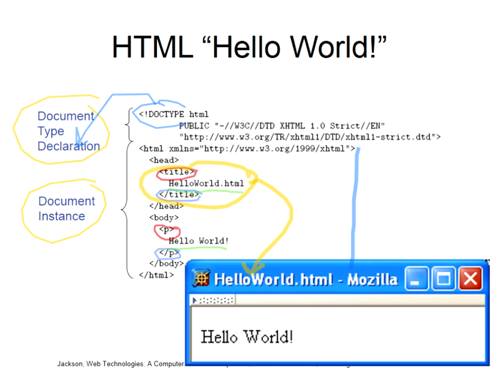And this part, P hello world and P, means we say to the browser to display hello world as a paragraph. Any questions about this example?